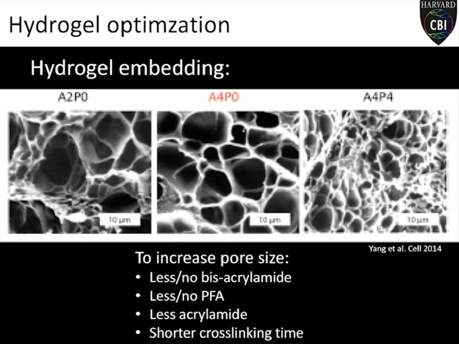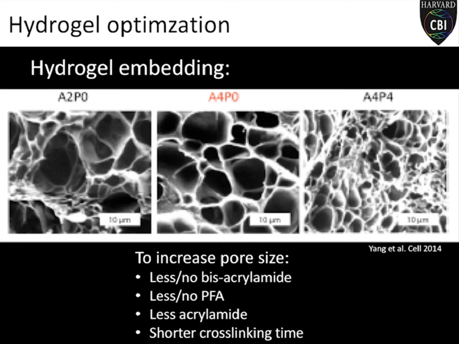And what they found here was that the A4P0 composition was the most efficient at allowing lipid to be removed as well as immunolabeling to occur. So this larger pore size just makes it easier to get things in and out of your tissue. Probably has a bit of a disadvantage that it's also going to preserve a little bit less protein in there, so you're going to lose some protein as well. But this is one option that you have, is playing around with this pore size.